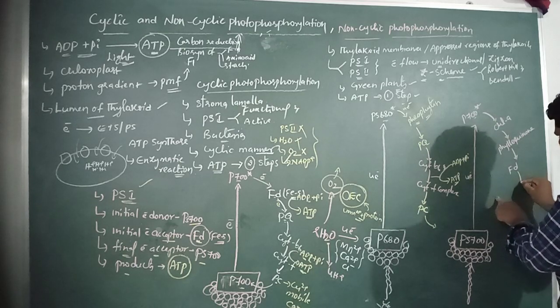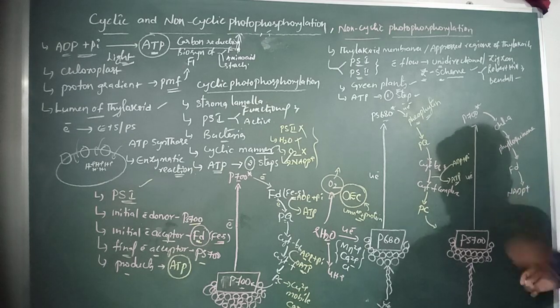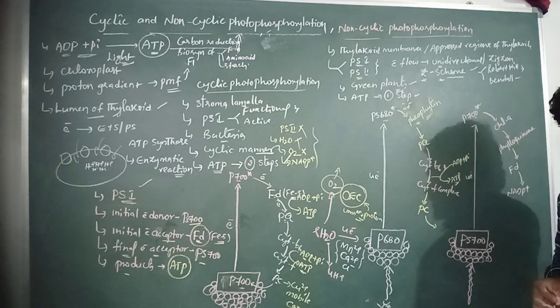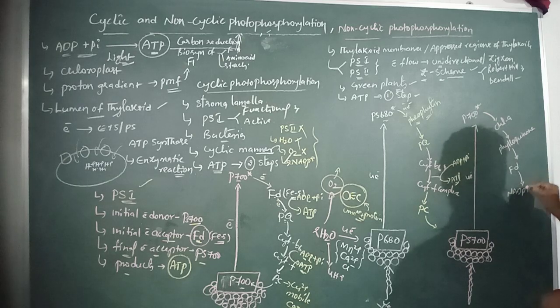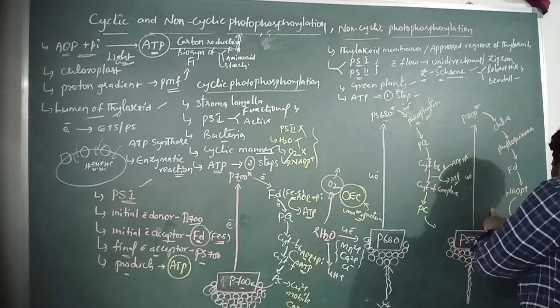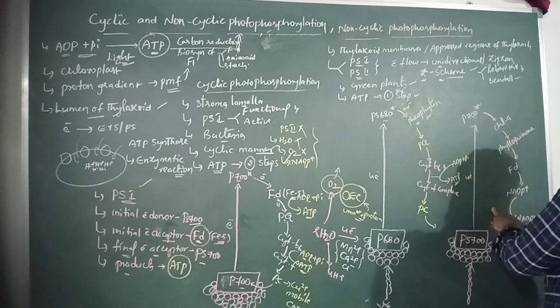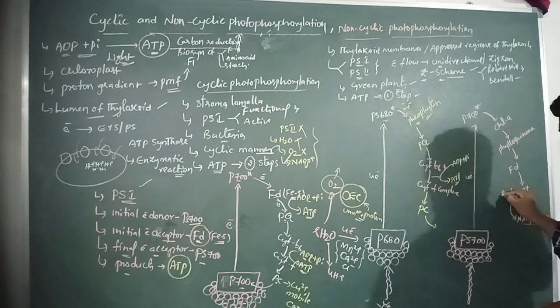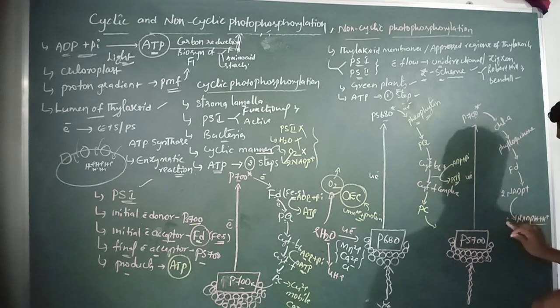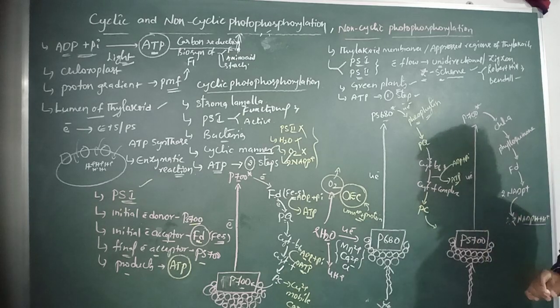Finally the electrons are accepted by the NADP+. So here the electrons accepted by the NADP+ for its reduction process, further it is converted into NADPH. So here two molecules of NADPH are produced in the non-cyclic photophosphorylation.